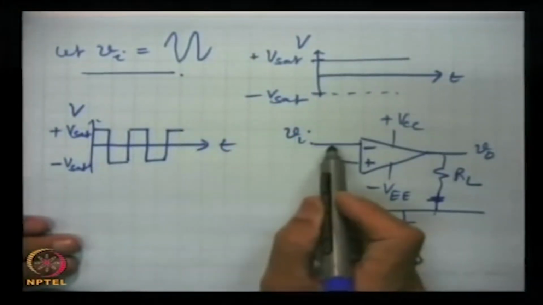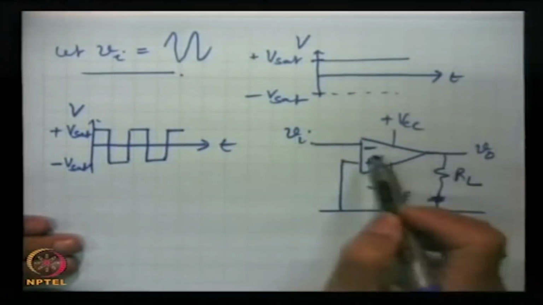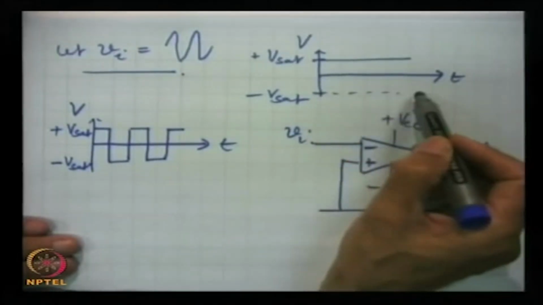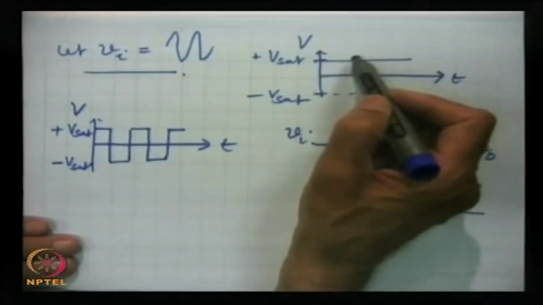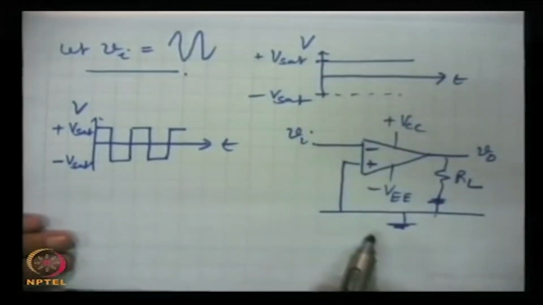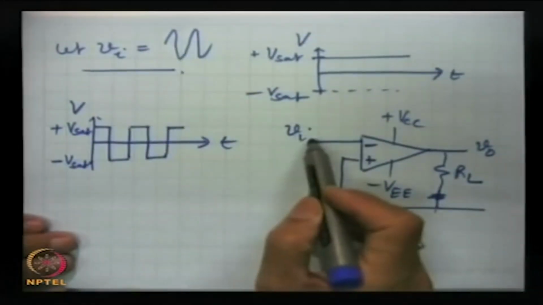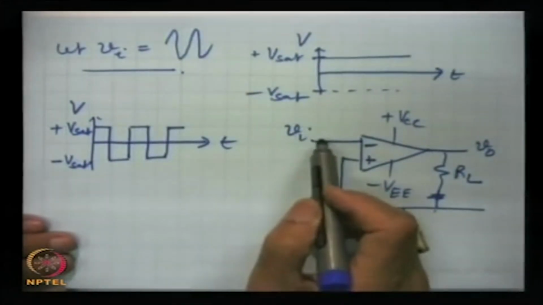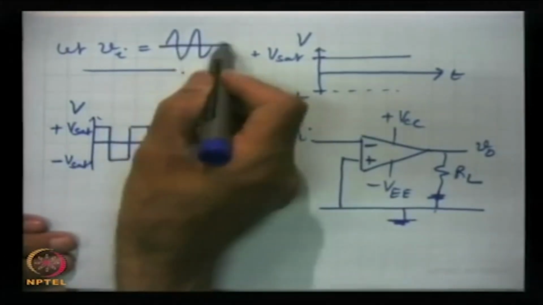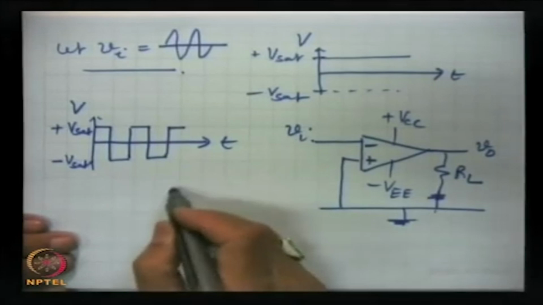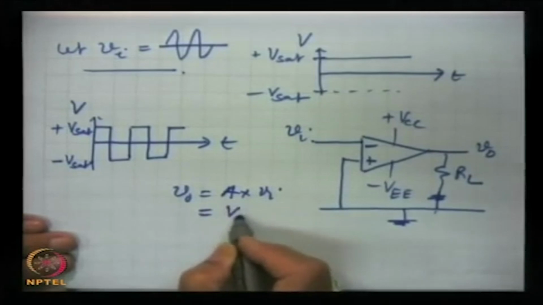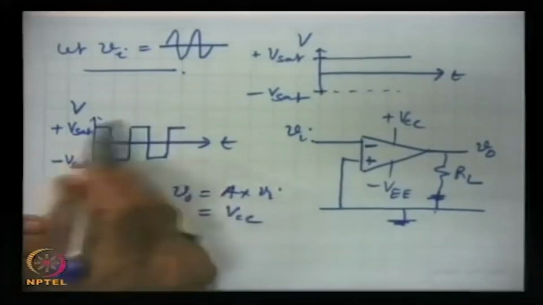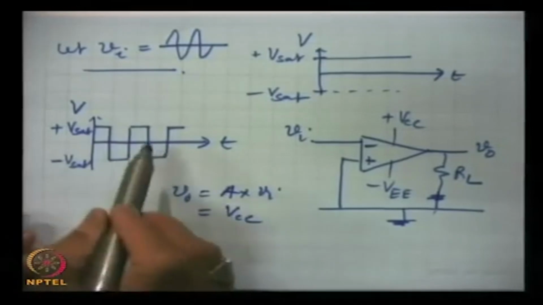If it is DC and we apply a positive voltage, it will saturate at minus Vsat, and if it is negative voltage, it will saturate at plus Vsat. And if we apply a sinusoidal signal, and if A into Vi exceeds Vcc, then it will produce a square wave at output with inversion.